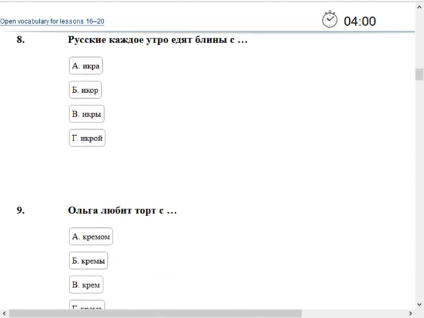Okay. Русские каждое утро едят блины, pancakes, with, and here we talked about ikra, which is caviar. So the nominative form is ikra. And now here's where we can use our handy table. This is where a table like this comes in very useful. So the nominative form of the word is ikra.